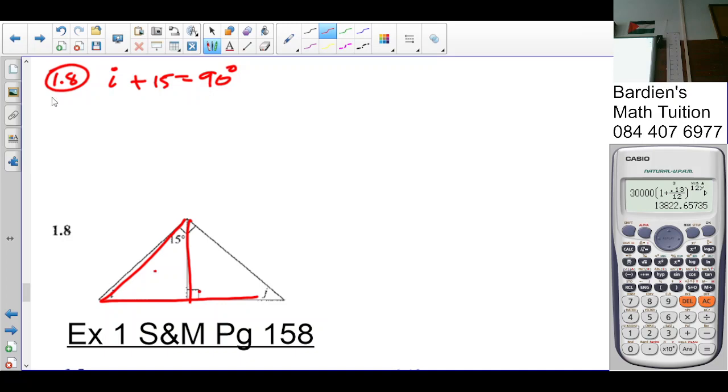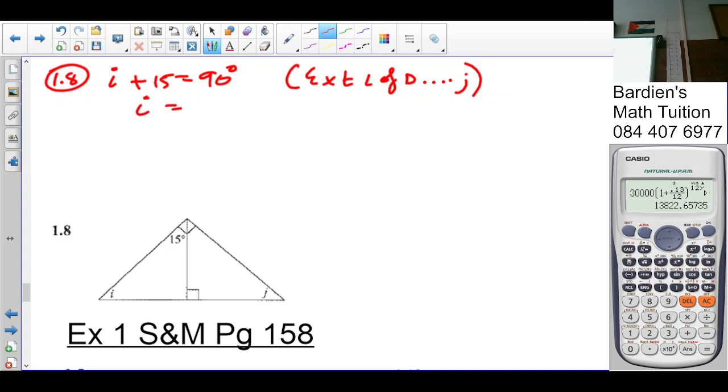Exterior angle is equal to the sum of the two interiors. Exterior angle of triangle is equal to the sum of the two interior opposite angles. So I works out to be 90 minus 15, which is 75 degrees.